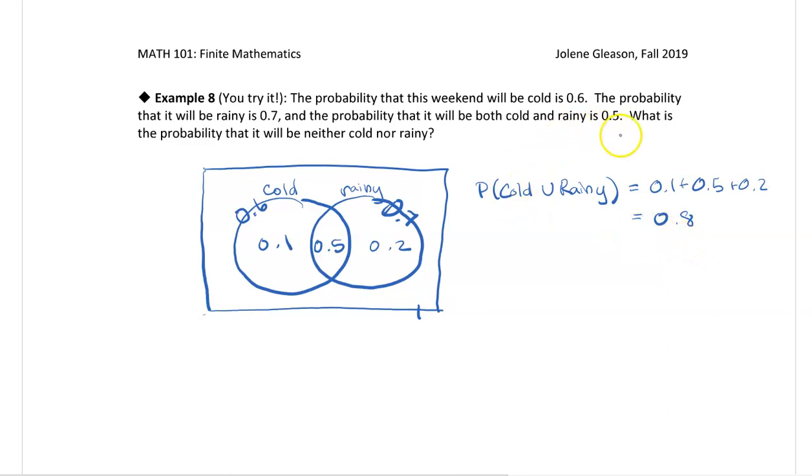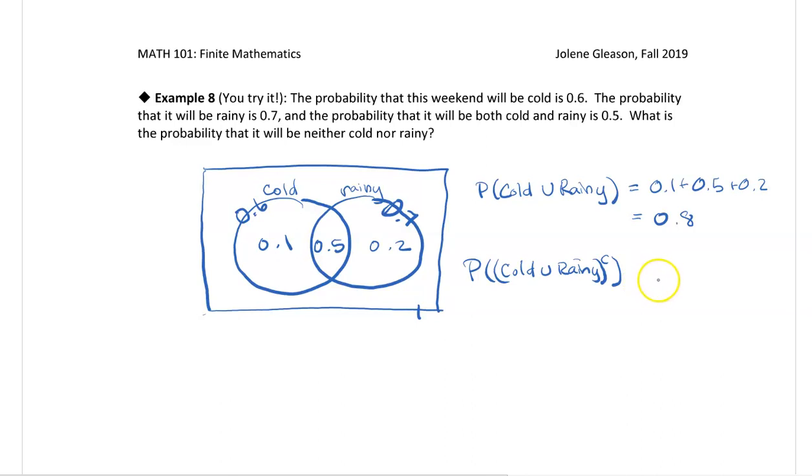But that's not what the question asks. The question asks, what is the probability that it will not be cold or rainy? So we want to count the complement. The probability of (cold or rainy) complement, because I want it to not be cold or rainy.